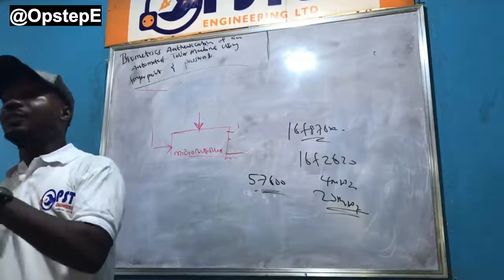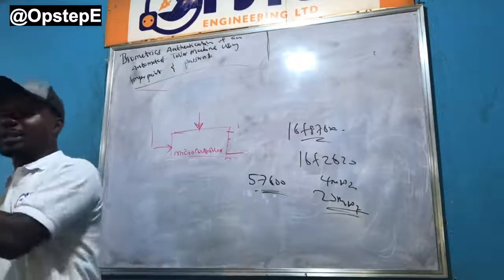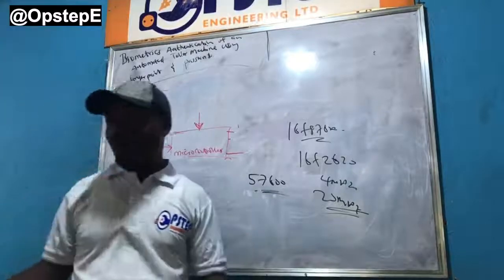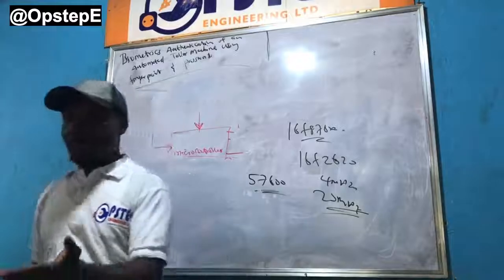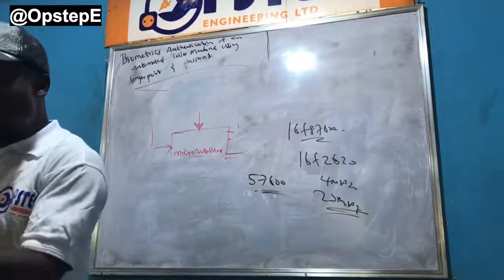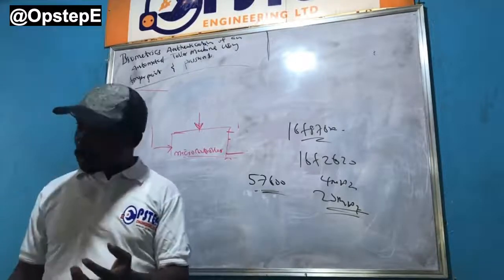Don't forget, at 4 megahertz, you are still running XT, that's the crystal. From 4 megahertz crystal, you're now running what? HS, which is high speed. So that consumes more current. If you are using LP, which is low power, then your microcontroller or your system consumes less amount of current. Do you understand?